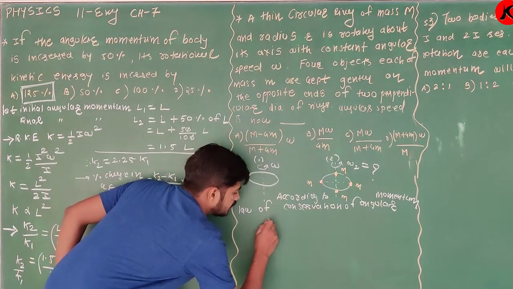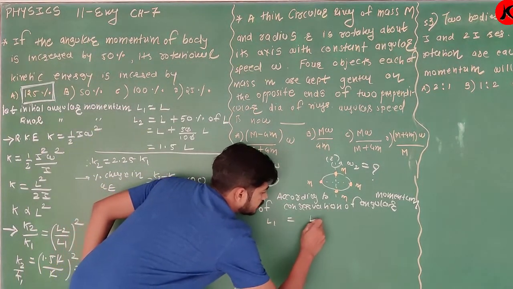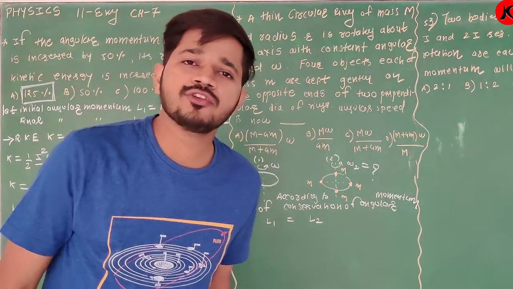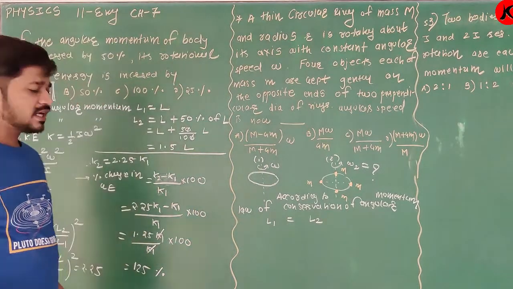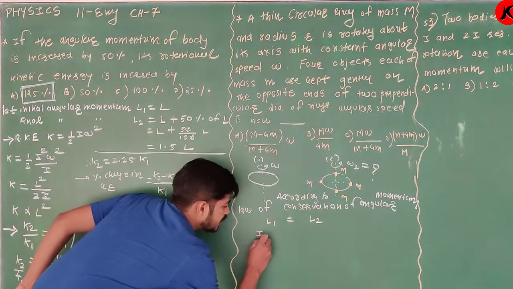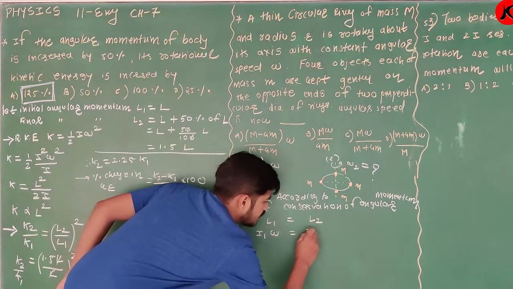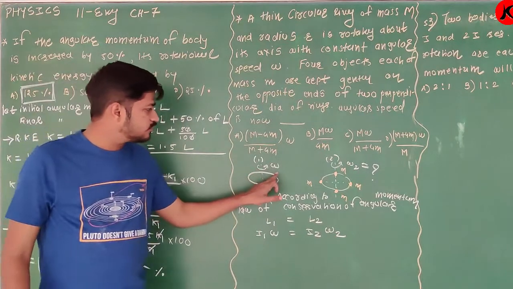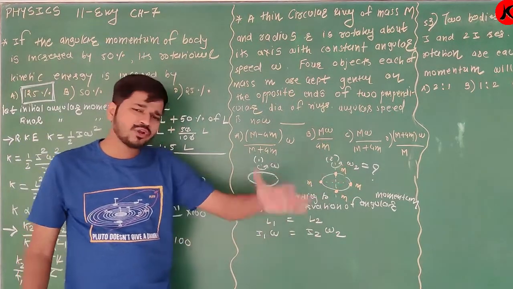Simple. L1 is equal to L2. Angular momentum is L equal to I into omega. So here I1 omega is equal to I2 omega2. Here the angular speed is omega, here it is omega 2, and we have to find omega 2.